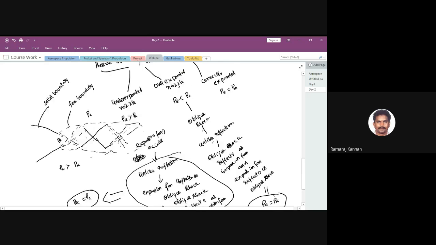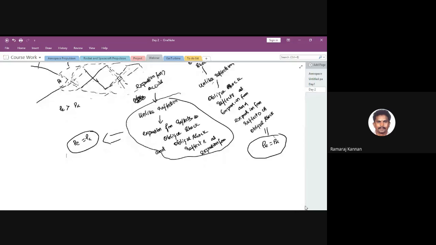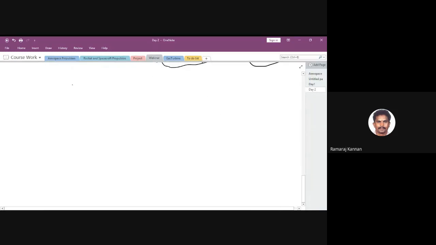Now we talked about the unlike reflection. What do you mean by like reflection? Here, your oblique shock will reflect as an oblique shock, and your expansion fan, same thing, reflects as an expansion fan.